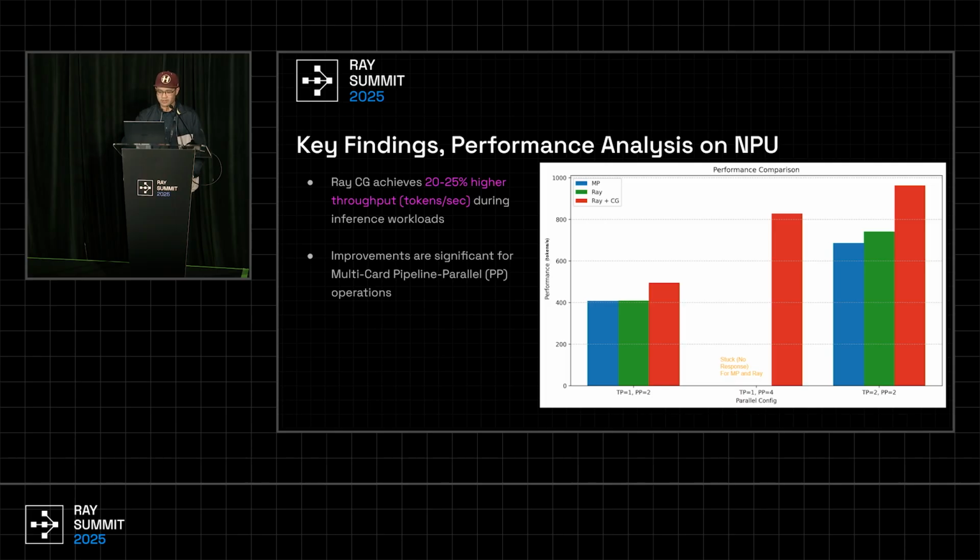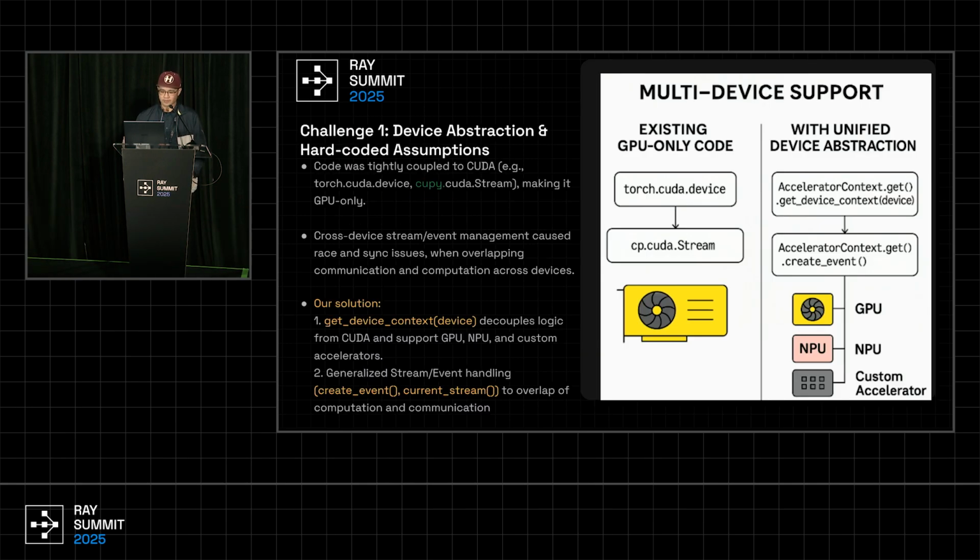But more critically, in the middle graph, we're able to double the pipeline parallel factor, whereas the Ray plus multiprocessing baseline was unable to serve the model using this configuration. So this gives us more flexibility in model deployment for production.